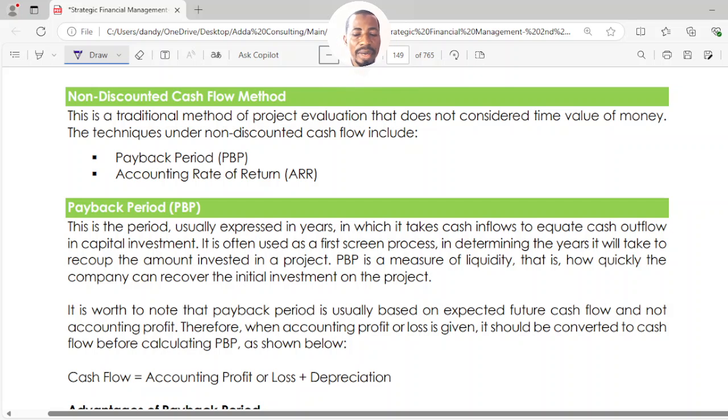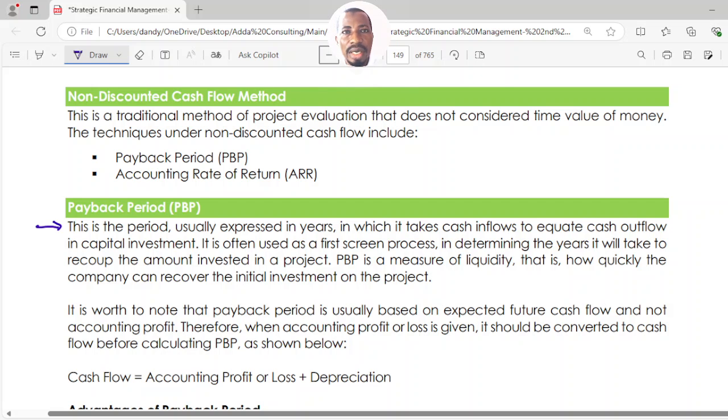What do you understand by payback period? The payback period simply means the period, usually expressed in years, in which it takes cash inflow to equate cash outflow in a capital investment. The payback period is a measure of liquidity.